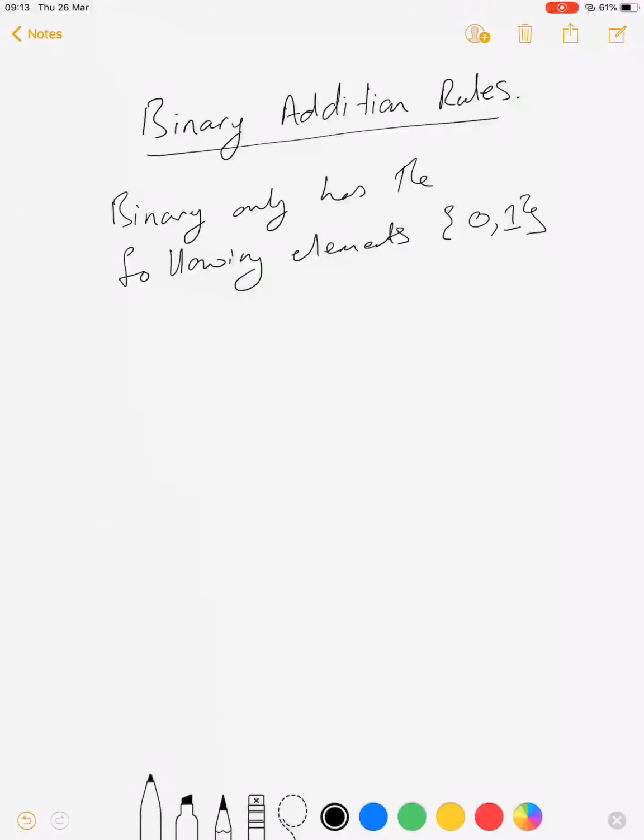So the very first rule is if we have a 0 plus a 0, this is equal to 0. If we have 1 plus a 0, this gives us a 1. If we have a 0 plus a 1, this gives us a 1. And we have 1 plus 1, this is equal to 0, but we have to carry the 1.